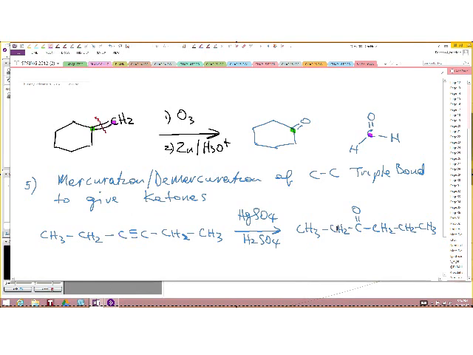This carbon here is this carbon, and this carbon here now transforms to a CH2.